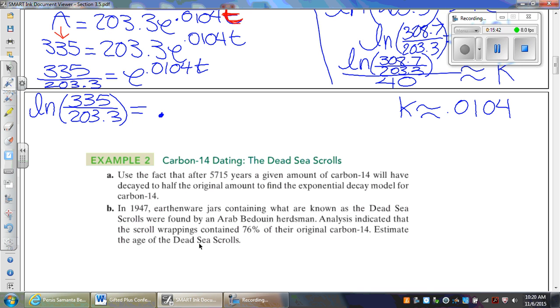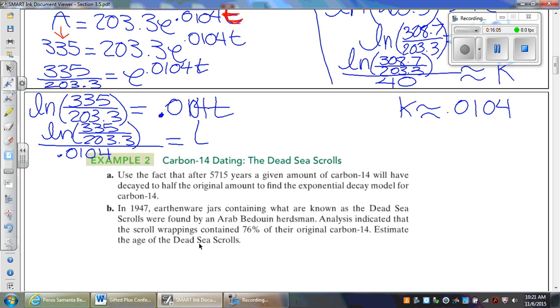Or you could just look at this problem as if I was converting it to logarithmic form. Okay, I see you guys are already working on the answer. That's good. So that divided by 0.0104, that would give us the value for t.